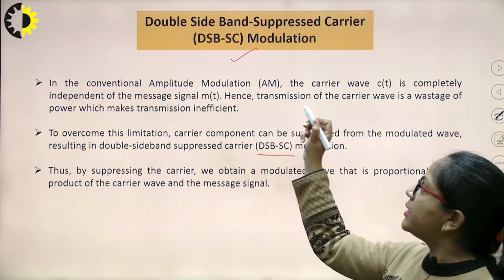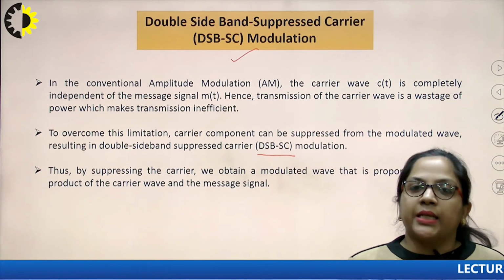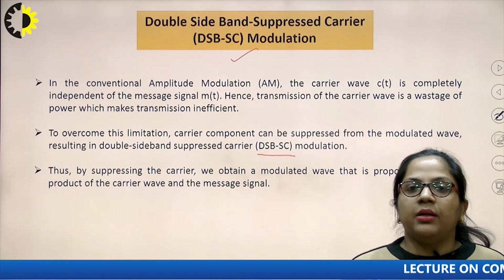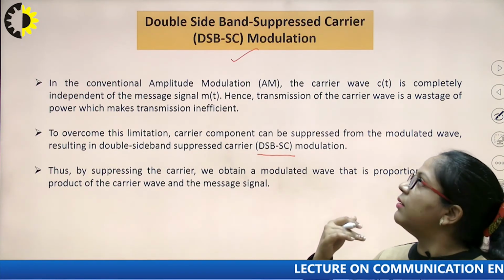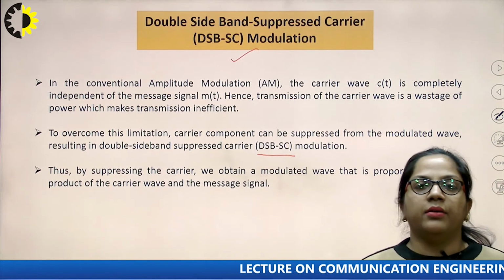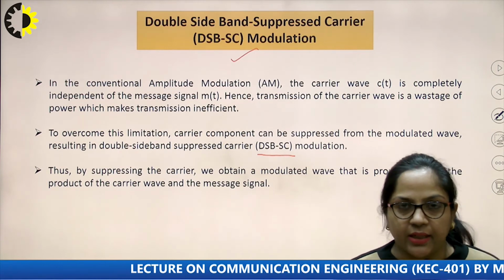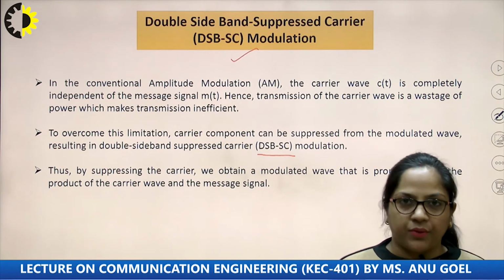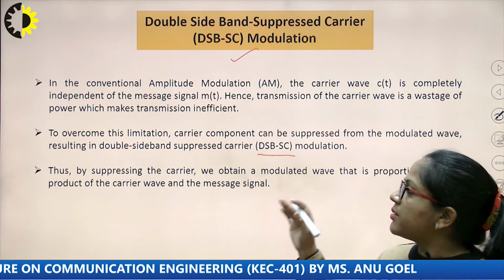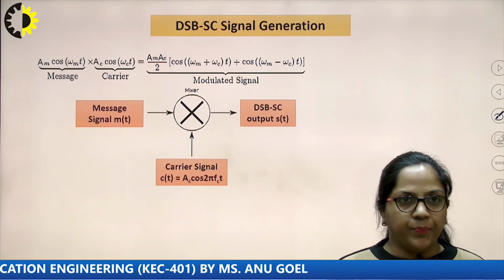So what is DSB-SC modulation? DSB-SC modulation is the second category of amplitude modulation, where we suppress the carrier and now we do not need to transmit the carrier along with the sidebands, to improve the efficiency and to save power. Let us discuss how we can generate this DSB-SC signal.